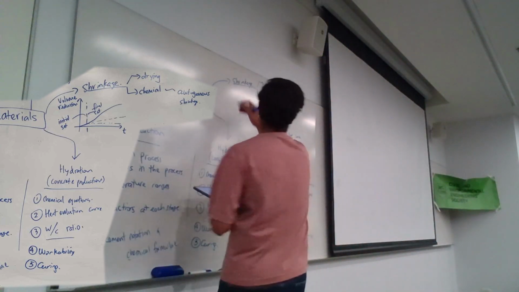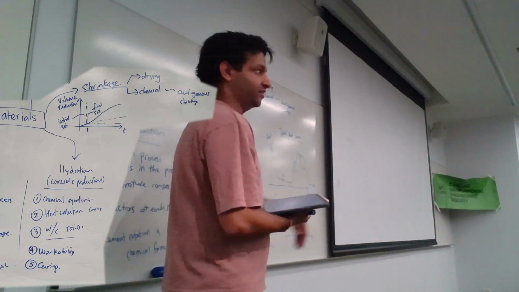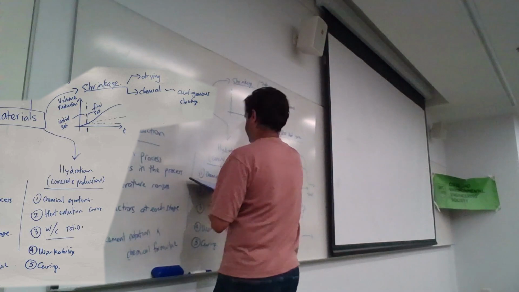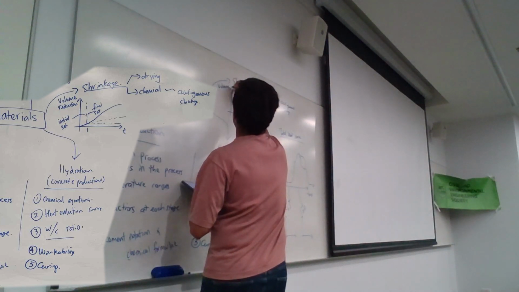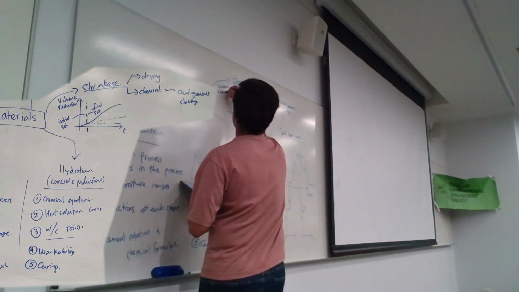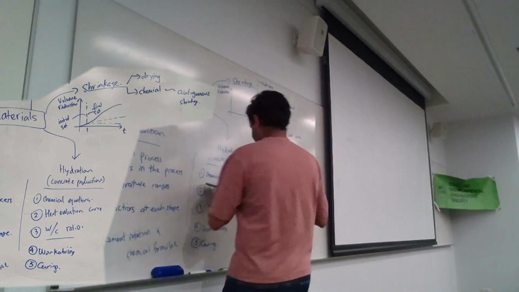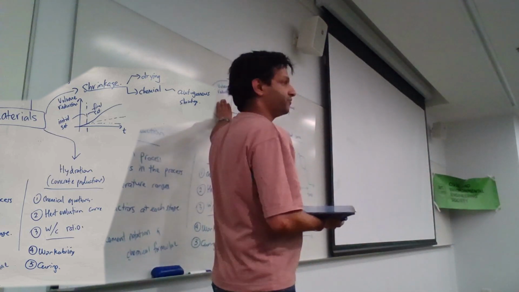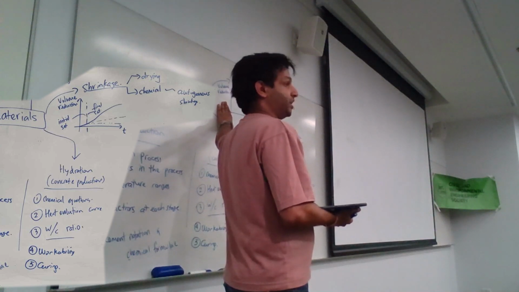The important part about this is there's another curve just like this that is usually tested. I've seen this very often. Under shrinkage, you have a curve that looks like this: volume reduction and time. Basically this curve shows you how the volume of concrete changes over time.